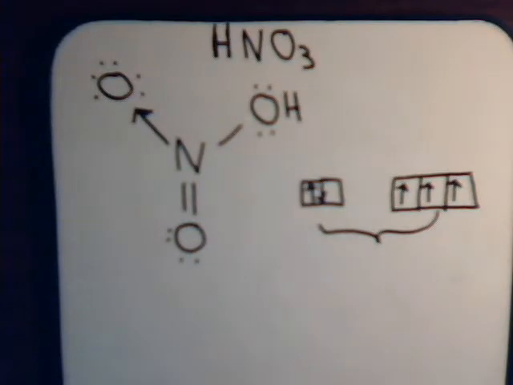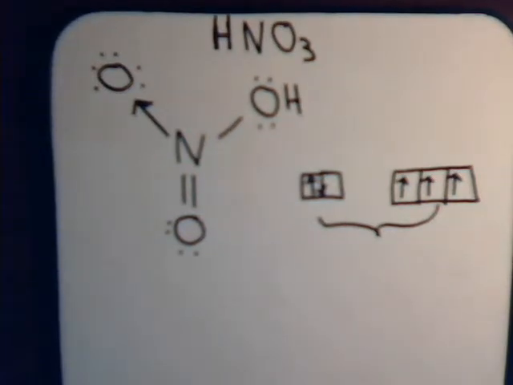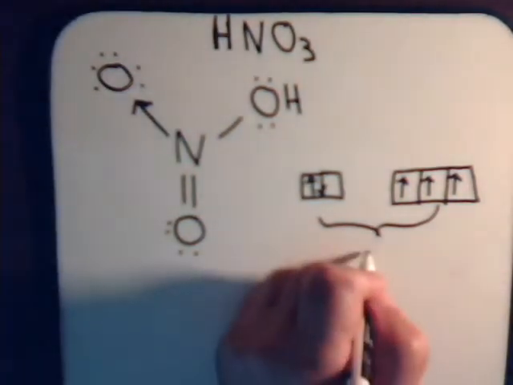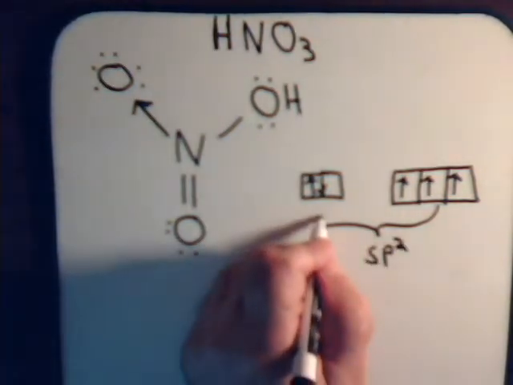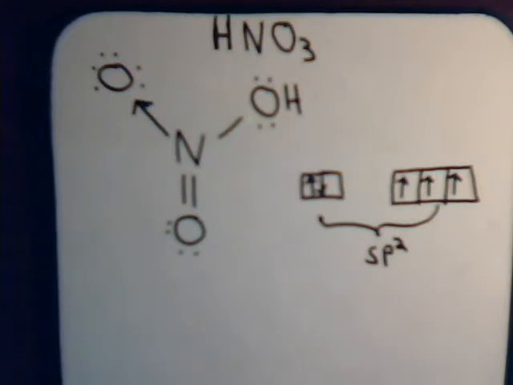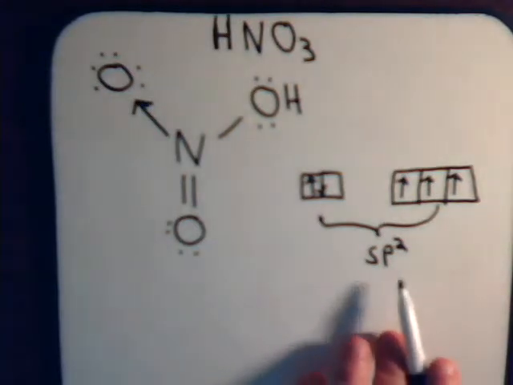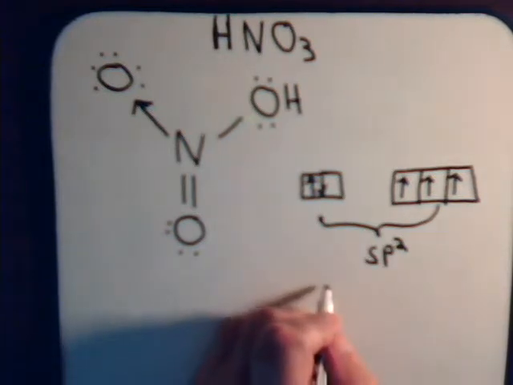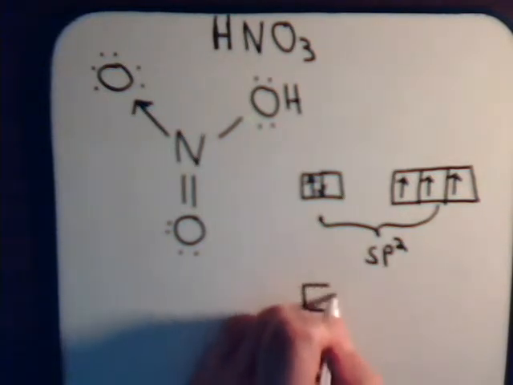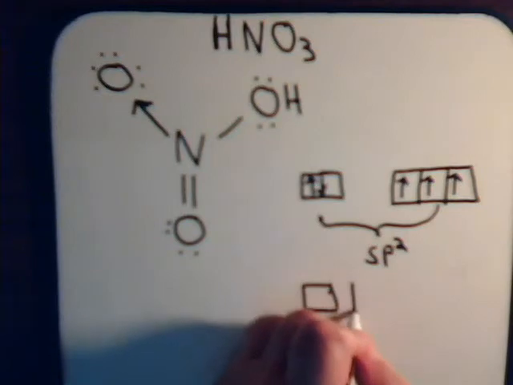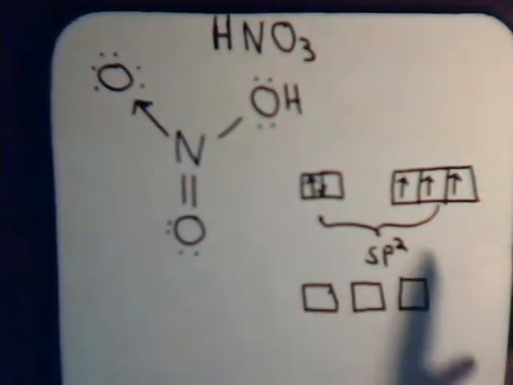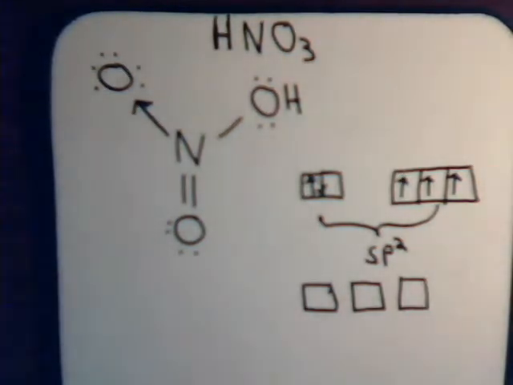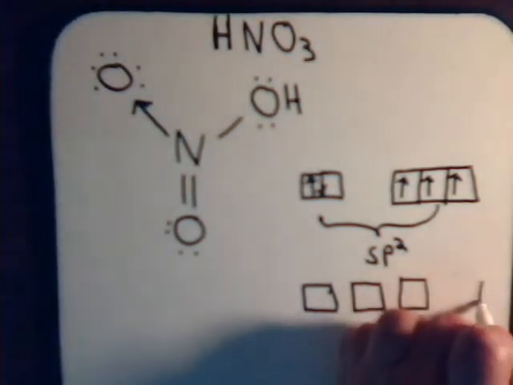So we're combining together 3 atomic orbitals, 1 s and 2 p's, to form 3 energy-equivalent molecular orbitals, the sp2 orbitals. And we have 1 p orbital that did not hybridize.